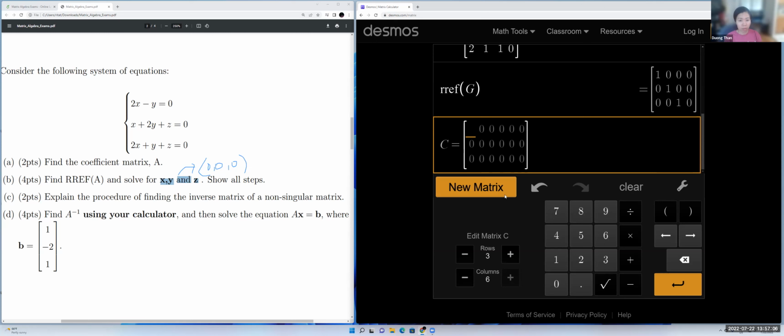In the first 3 rows and 3 columns, I will enter the matrix A, which is the coefficient matrix of the system, 2, 1, 1. And in the last 3 columns, I will enter the identity matrix.